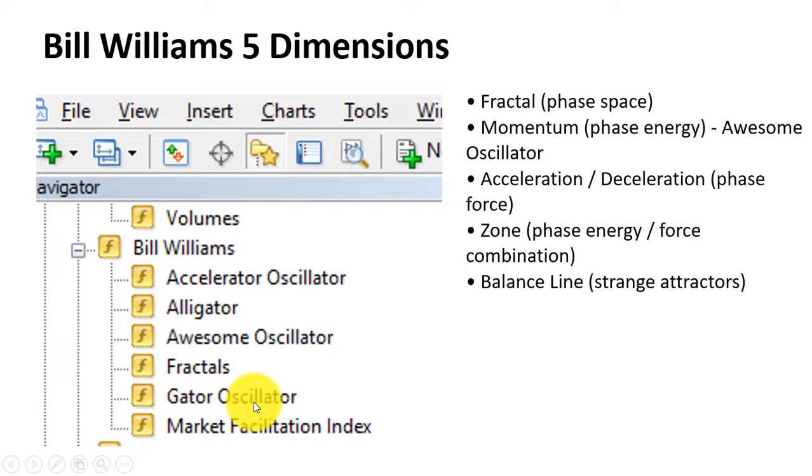We will, however, focus on 2 of the dimensions to generate our trading signal. So we are going to focus on the alligator and fractal. Note that both of these indicators come with the MetaTrader 4 platform by default, so you can add them to your charts.